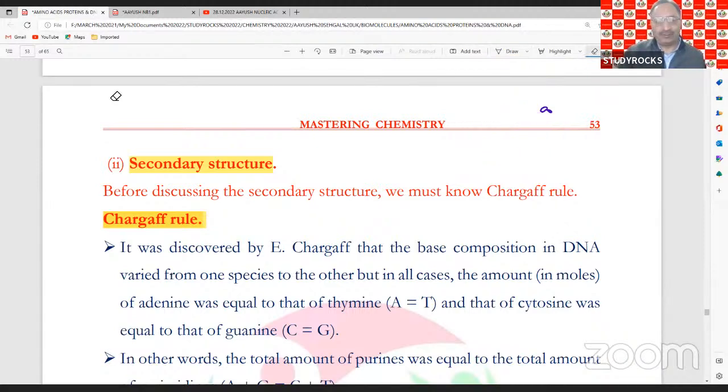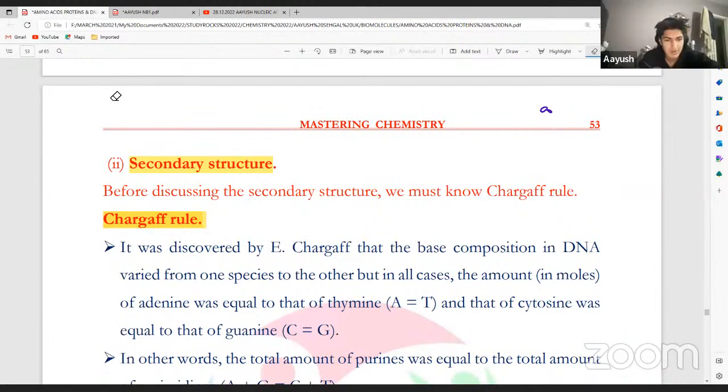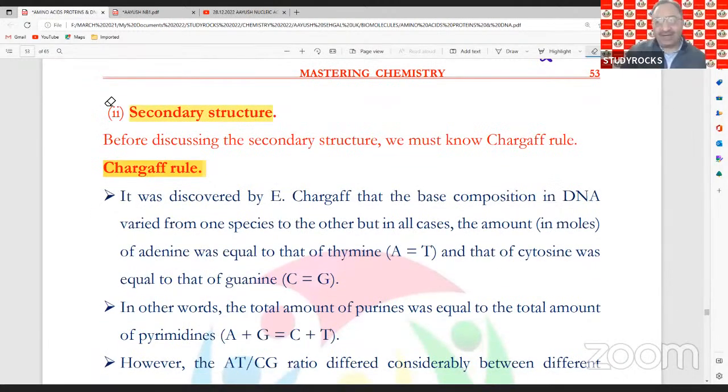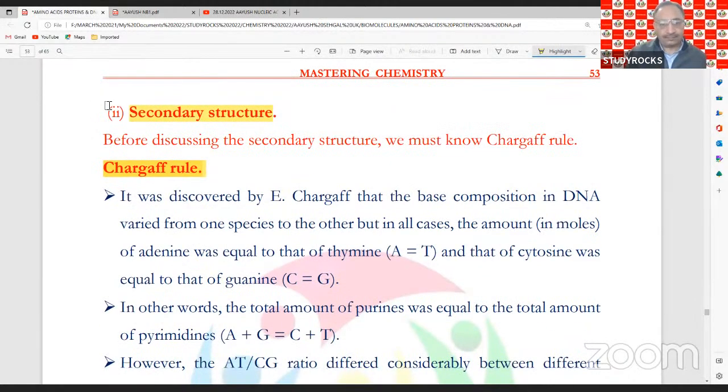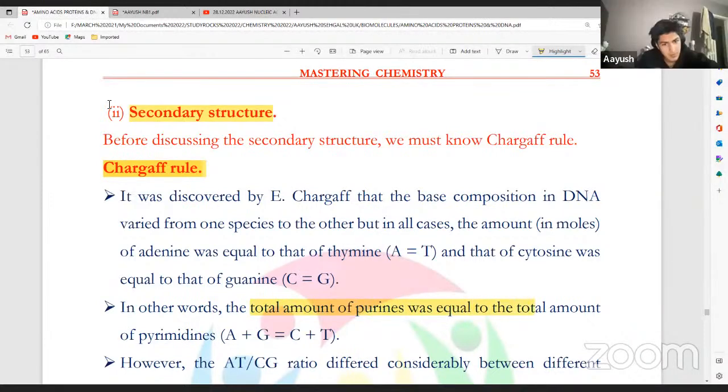This is Chargaff's rule. It simply says the number of purines must be equal to the number of pyrimidines. That's all, because they have to link together. So in a DNA molecule, as far as base composition is concerned, the total amount of purines must be equal to the total amount of pyrimidines.